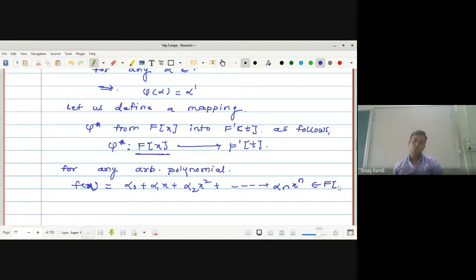This polynomial belongs to capital F[x], the domain of psi star.